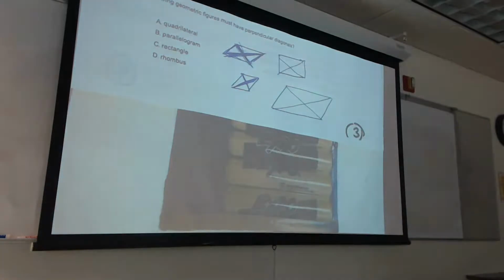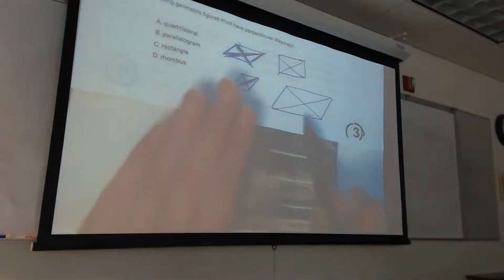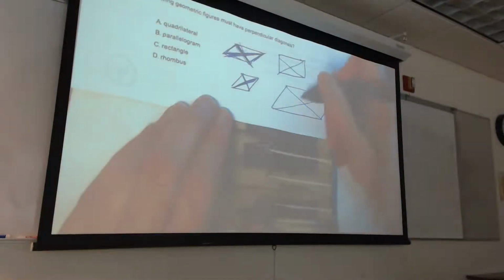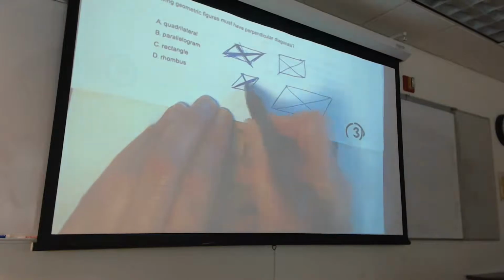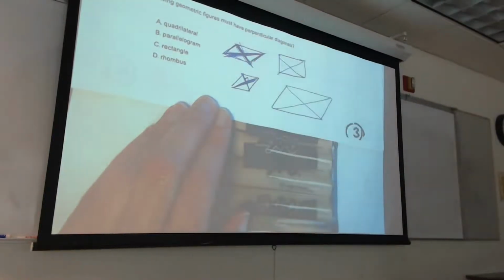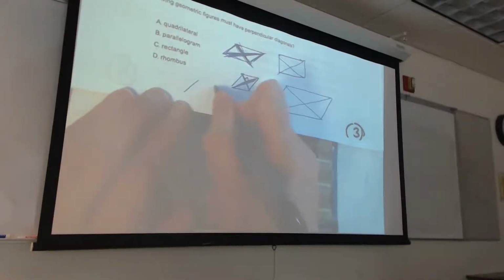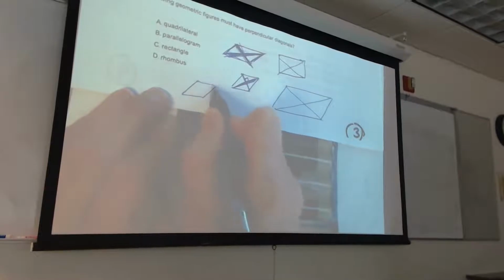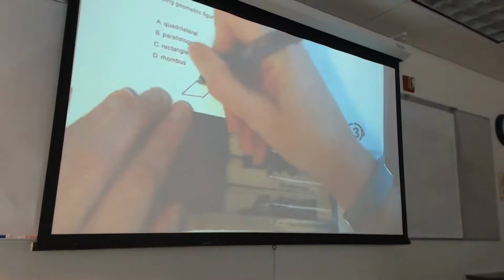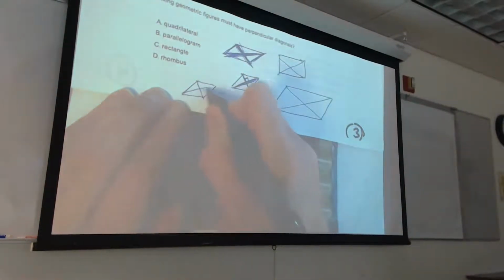Now you can see. Are those diagonals making a right angle? Are these diagonals making a right angle? Yes! Can you see it? Or is it just me? My drawing is bad.